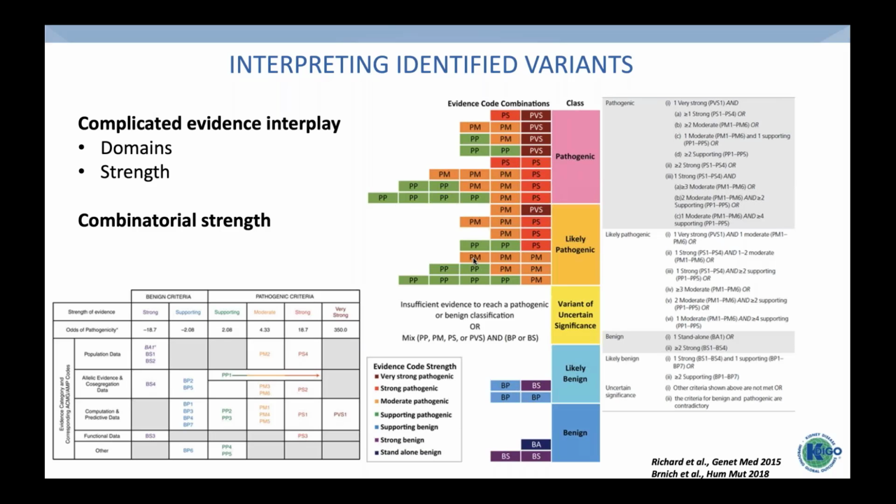This combinatorial strength is really what underpins the result that we'll come back to on that piece of paper or in that email when the result returns. And understanding that this has been quite a complicated process, and in fact, sometimes information that's being provided to the diagnostic lab does help them in terms of some of these evidence codes or evidence points for individual genetic variants is important for us to comprehend.